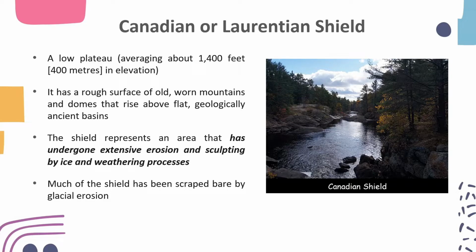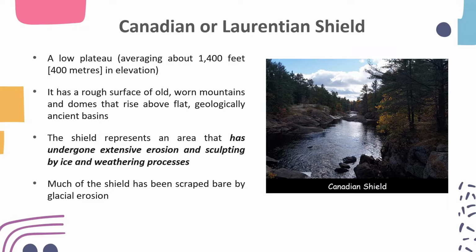Okay, the next is environmental problems. The first is the central shield. The central shield, named the Canadian or Laurentian shield by geologists, consists of a low plateau averaging about 1,500 feet or 500 meters in elevation. It is tilted at its edges and is almost depressed at Hudson Bay, its center. It has a rock surface of old worn mountains and domes that rise above the plateau, geologically a basin.